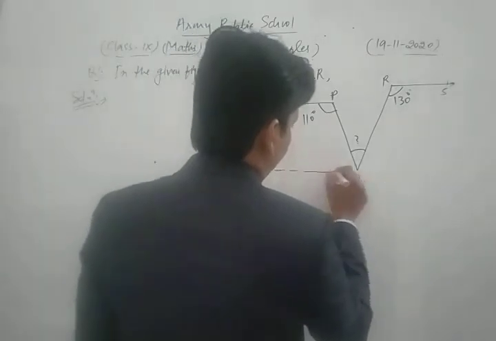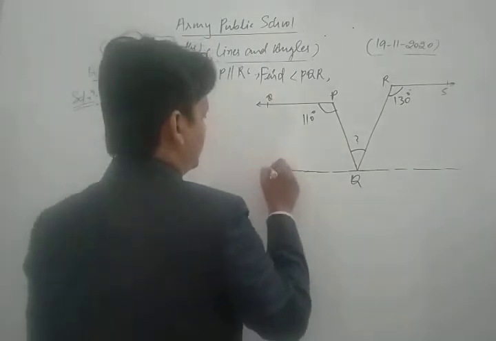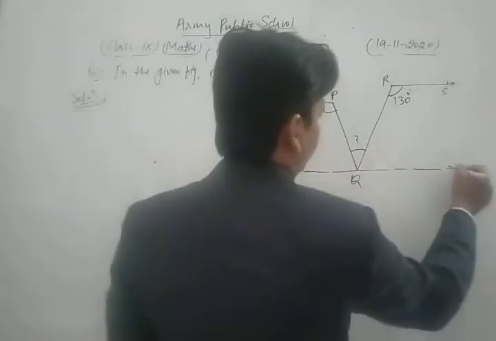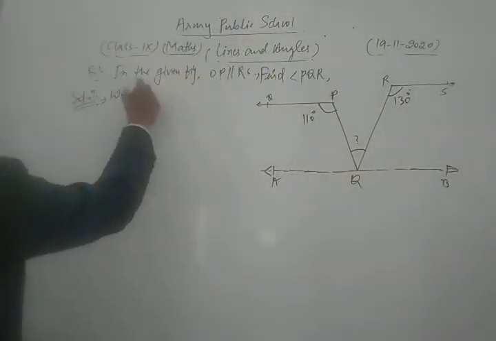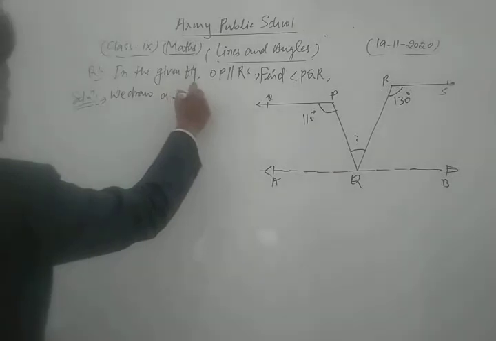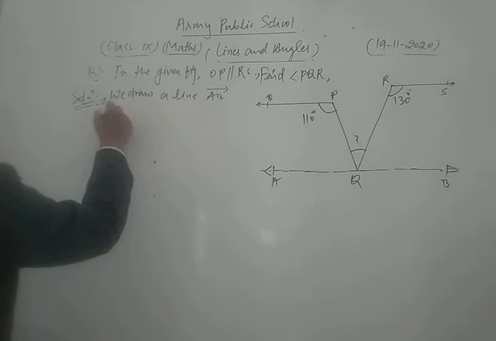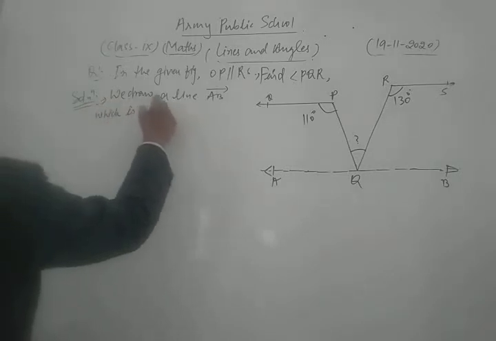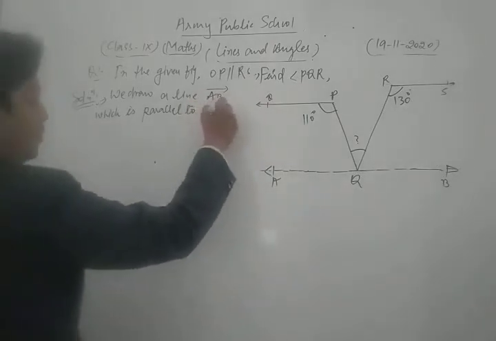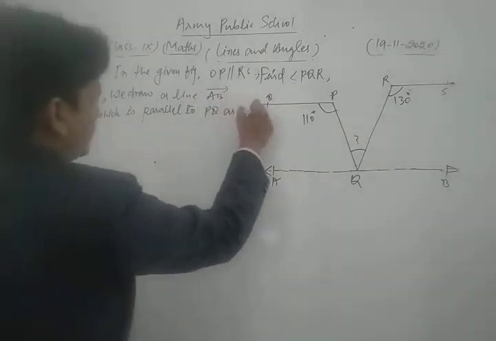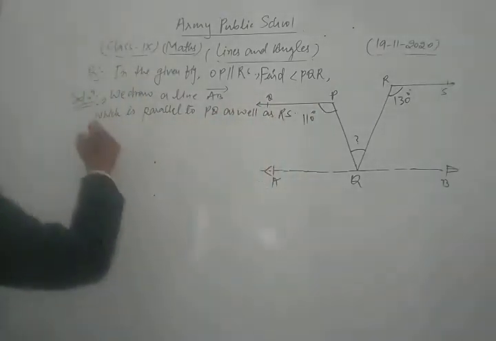Now we draw a parallel line. Suppose that we draw a line AB, which is parallel to PQ as well as RS.